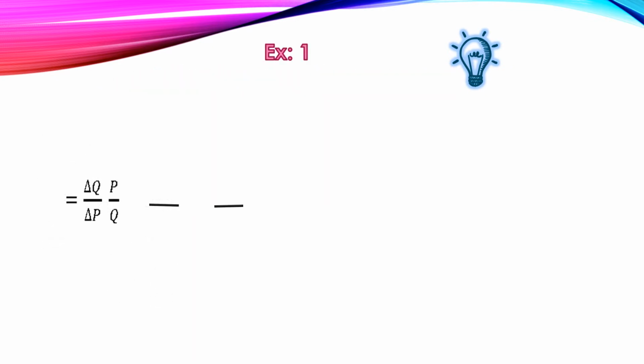Suppose price was 10, P equals 10. This is the original price. At this price, the quantity demanded was 100, QD equals 100. Here, total revenue equals price multiplied by quantity demanded, 10 multiplied by 100, equals 1000.